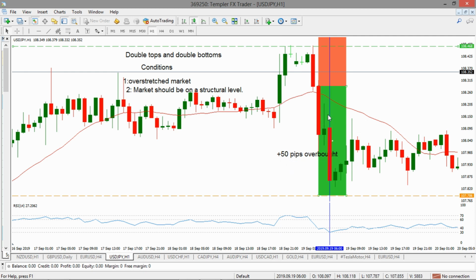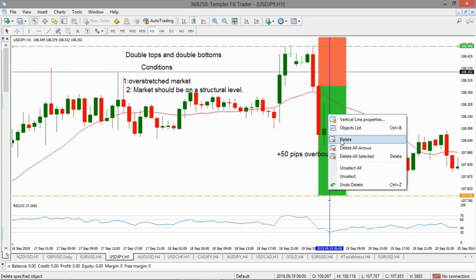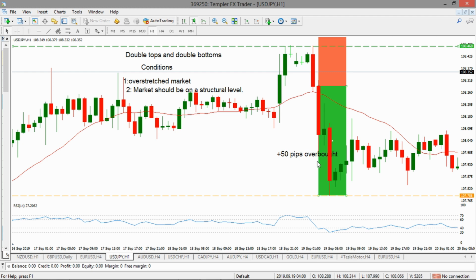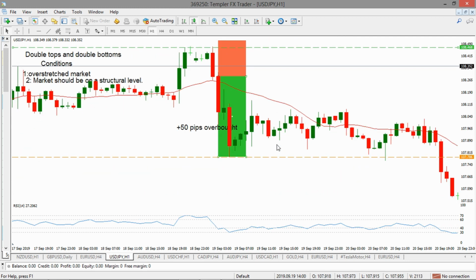Delete that. It is very necessary that you record, because we will need this data when we try to record this trade on the Excel spreadsheet. So it's necessary that you put there a note so that you know how many pips you made on that trade. We might even try to record the pips you risked.